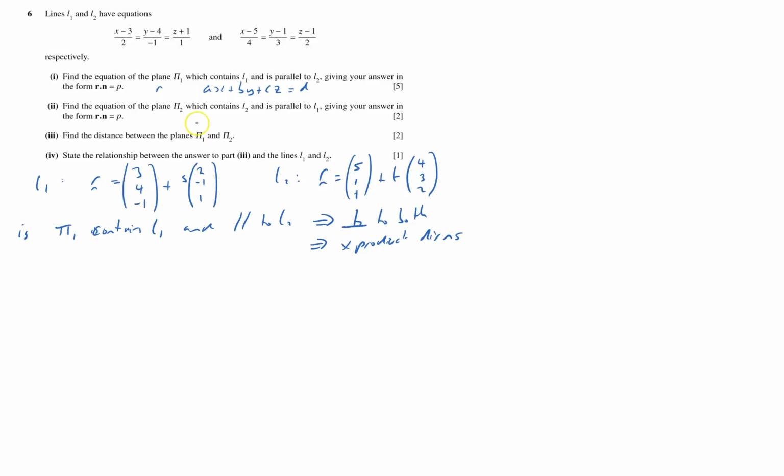So the direction of the first line is (2, -1, 1), and cross product that with the direction of the second line, which is (4, 3, 2).